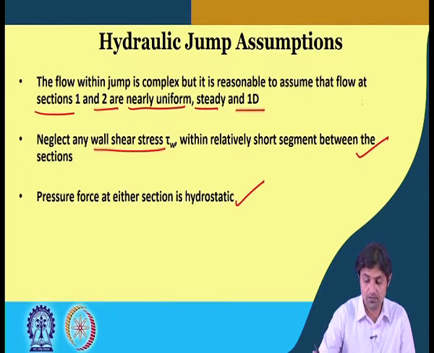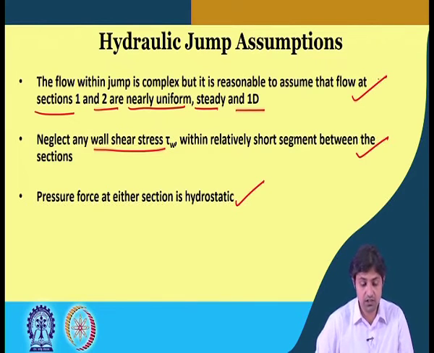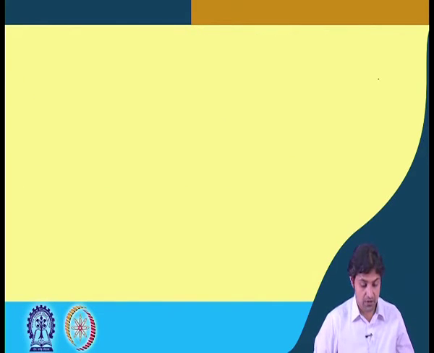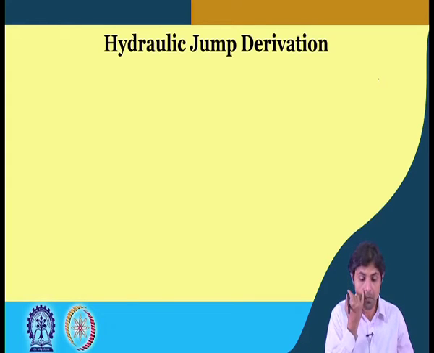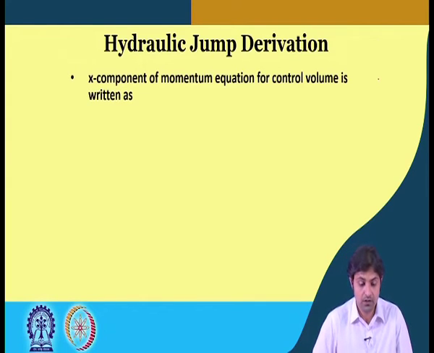The first assumption is that at sections 1 and 2 the flow is considered to be uniform, steady and one dimensional. Second, we neglect any wall shear stress within the relatively short segment between the sections. The third assumption is that the pressure force at either section is hydrostatic. All right. So, we have seen what the control volume is.